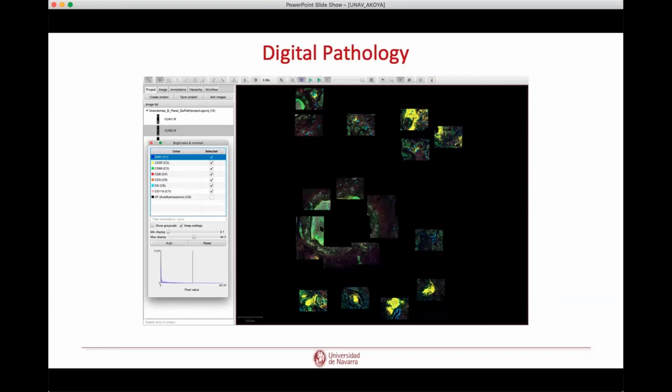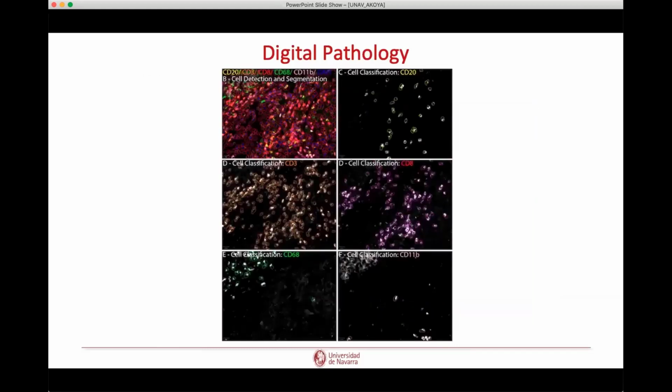And then for cell phenotyping, we have used QuPath software. The big advantage of this software is that you can perform whole image analysis, and also it is really fast.